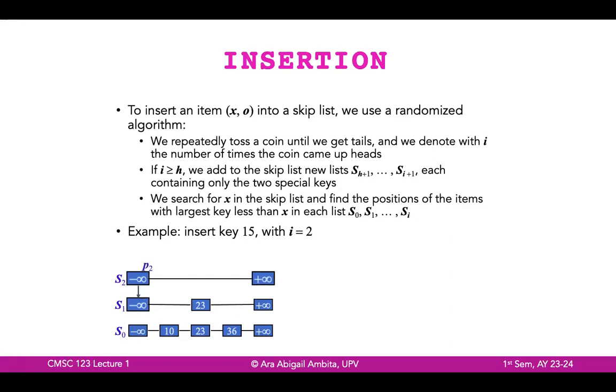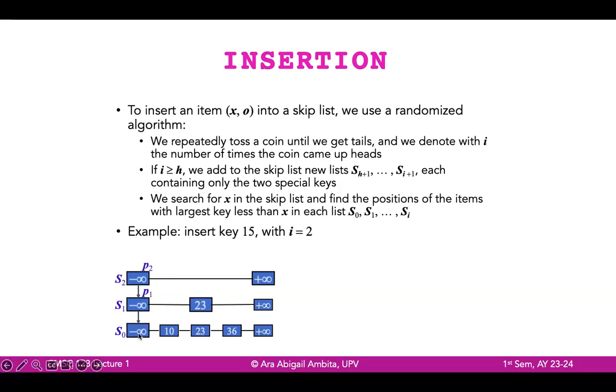Since 15 is less than positive infinity, we are going to drop down. We are now in the list S sub 1, also on the negative infinity. Next, we compare the key 15 with the element after the position where we are, and that is 23. 15 is less than 23, so we drop down again.